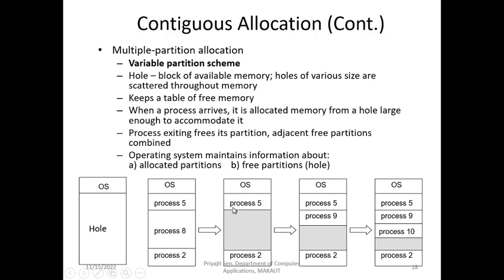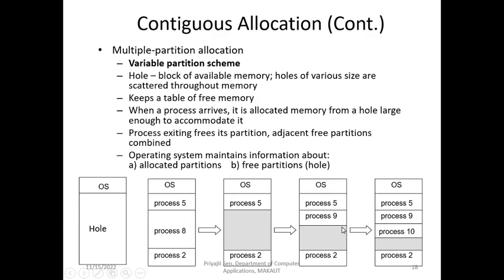But you see, suppose process 8 is not present here. Initially suppose there are 3 processes: process 5, process 8 and process 2. After some time, process 8 leaves this memory space. Then any other process can be allocated there, as these are not fixed size partitions, they are variable size partitions.